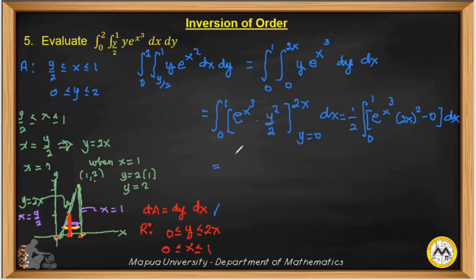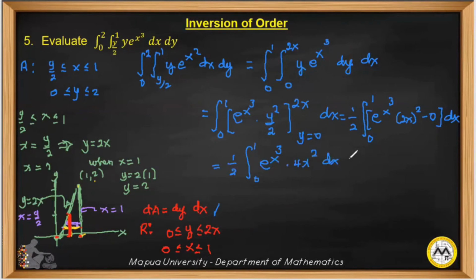And look at what happens. We have 1/2 integral from 0 to 1, we have e raised to x cubed. Now, 2x raised to the second power is 4x squared dx.